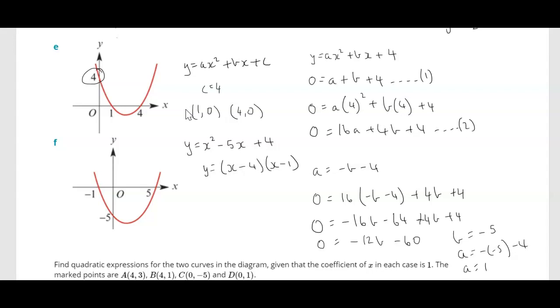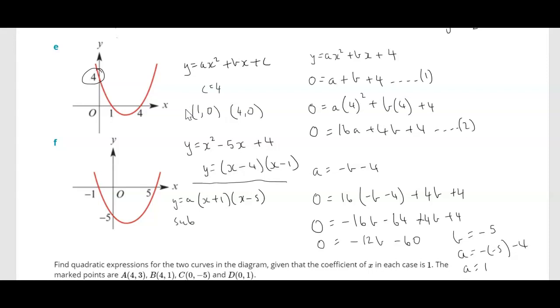All right, obviously we don't have room to do f. But if you wanted to do that in factorized form, actually I might just do that here, even though we're doing it in polynomial form. All right, so we're going to have x plus 1 and x minus 5. And then you just substitute in another point.